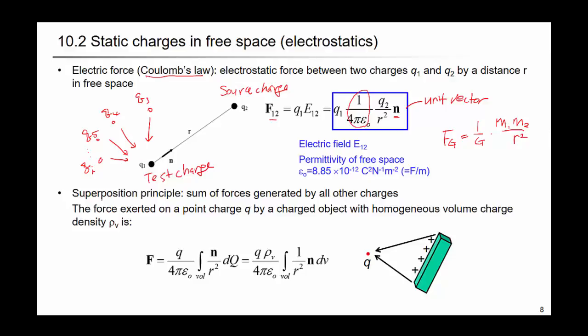So we can say the superposition principle can be applied. The sum of the forces generated by all other charges is F1 plus F2 plus up to Fi, and each one will be expressed according to this equation.